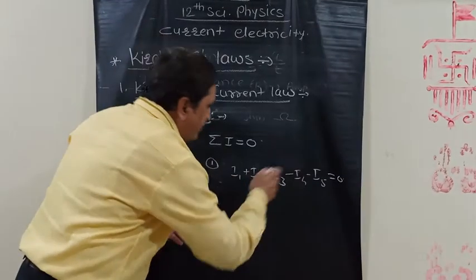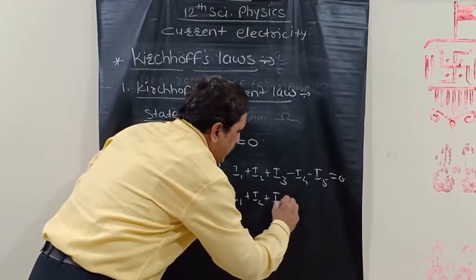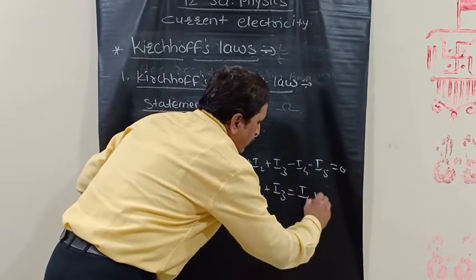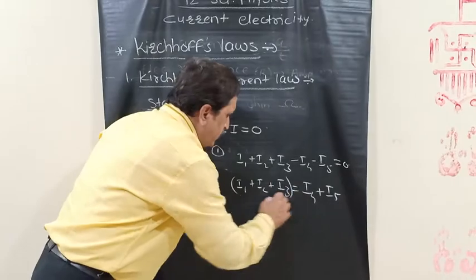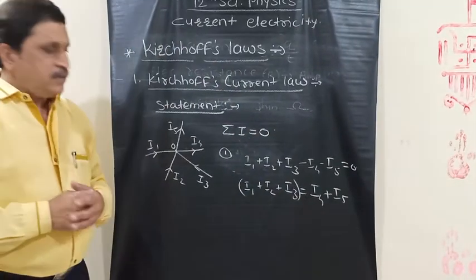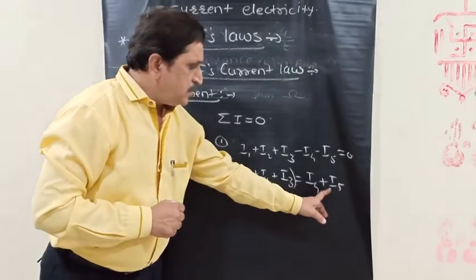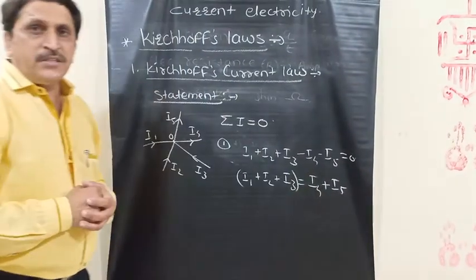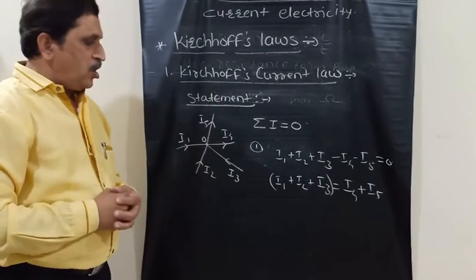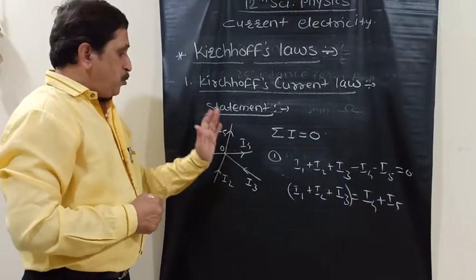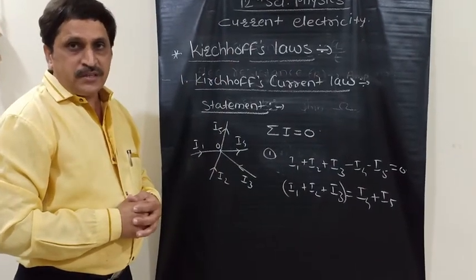If we rearrange the terms, we can write I1 plus I2 plus I3 is equal to I4 plus I5. This is the total current moving towards the junction equal to the total current moving away from the junction. So according to Kirchhoff's current law, the total current approaching the junction is always equal to the total current leaving the junction.